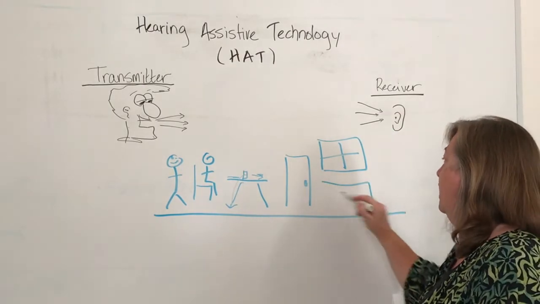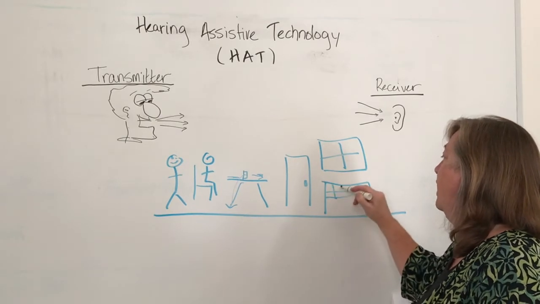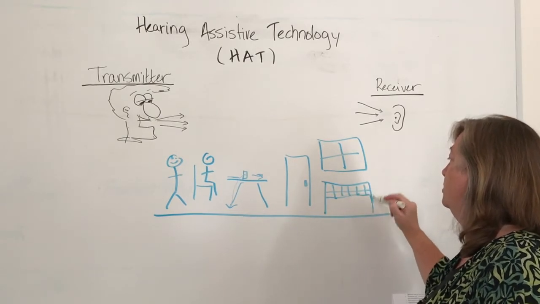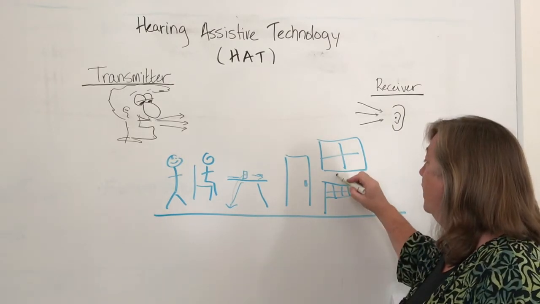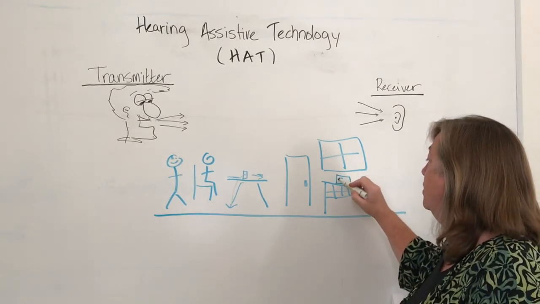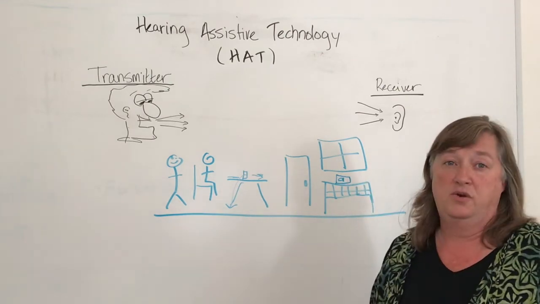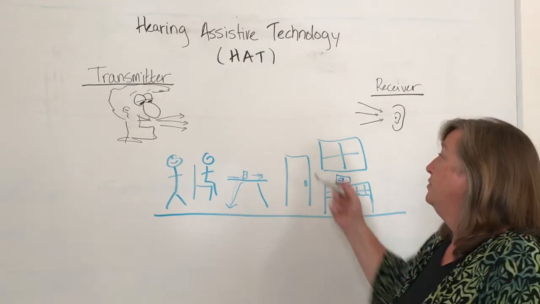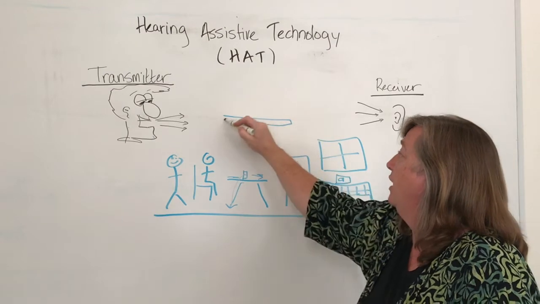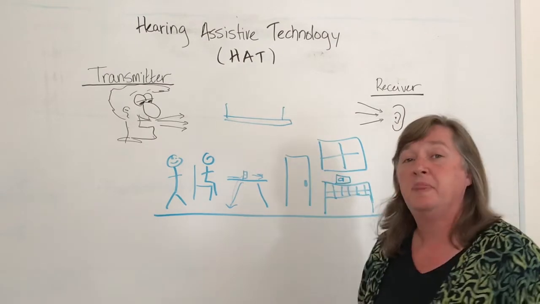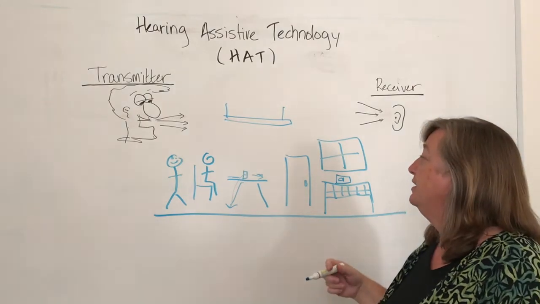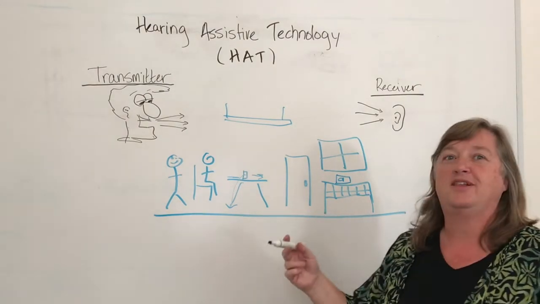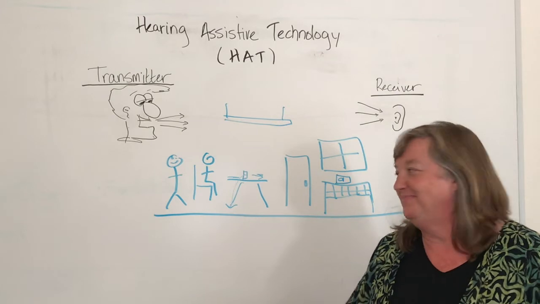Oh, there's another thing you have in your classrooms: you have heaters or air conditioners. And so those are always blowing air. And then some of you have fish tanks, so they have noise as well. Sometimes there are loud lights in the classroom. The fluorescent lights especially make noise. And so there's a lot going on in there.